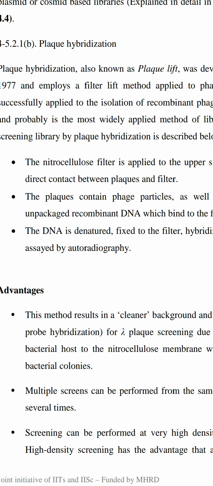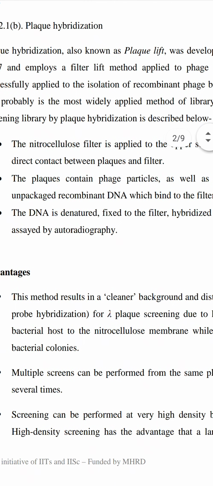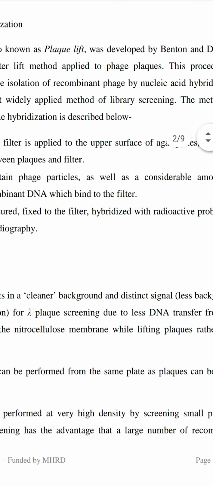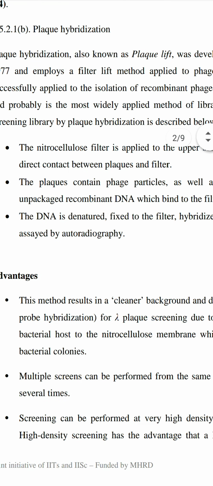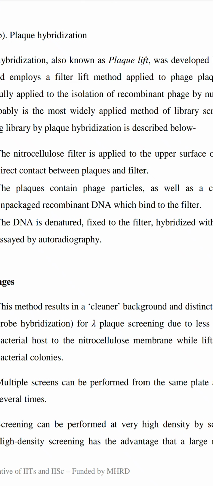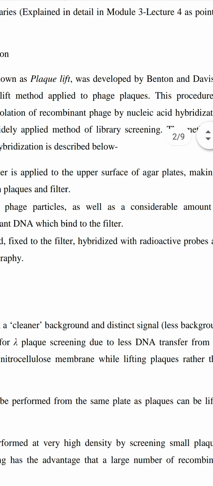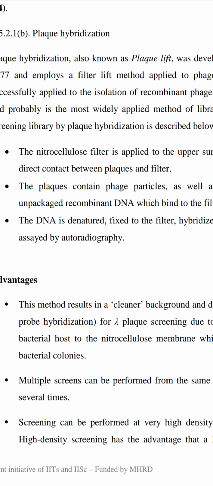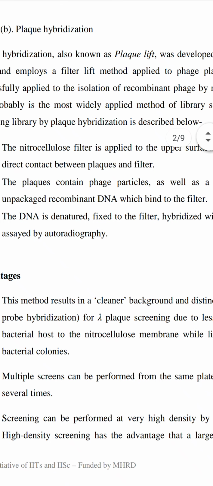So we make direct contact of the nitrocellulose filter paper with those plaques. The plaques contain phage particles as well as a considerable amount of unpackaged recombinant DNA which will bind to the filter paper, because the nitrocellulose filters are meant for binding with the DNA.